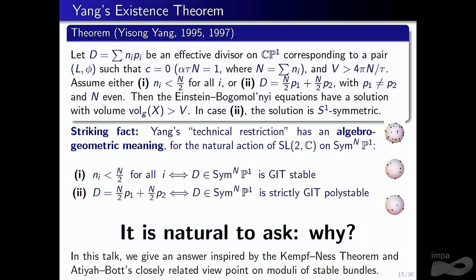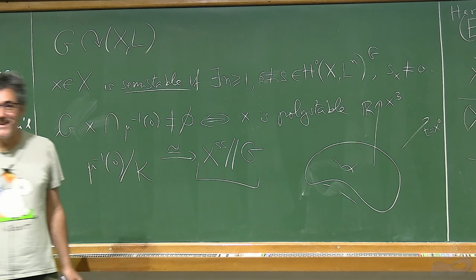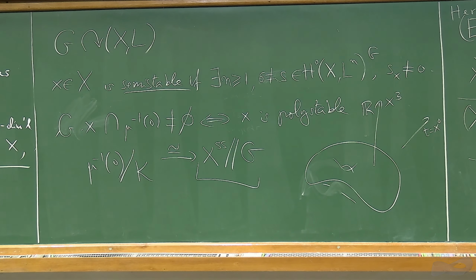So we apply, this is a Kempf-Ness observation, that we can think of an infinite dimensional version of Kempf-Ness, and maybe you can see that these conditions are precisely this. So this is the work we did, okay?